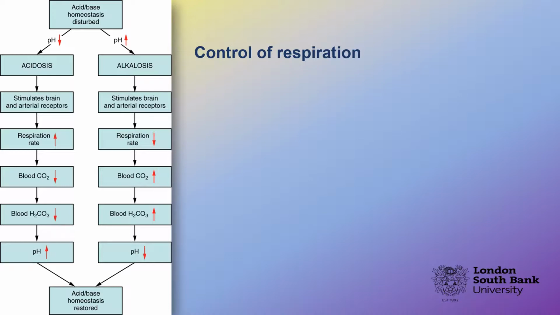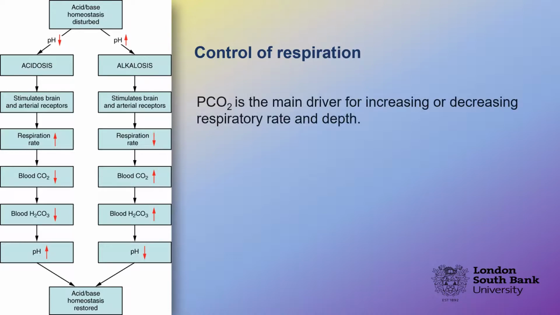And the opposite goes in alkalosis. In this case, we need to reduce respiration rate. So the question is, how do we do all this? Well, carbon dioxide is the main driver for increasing or decreasing respiratory rate and depth in healthy people.